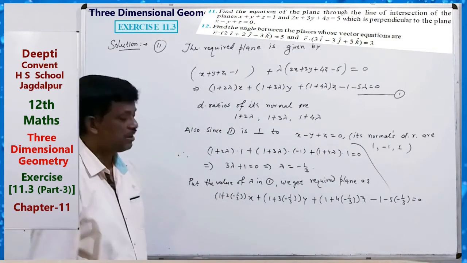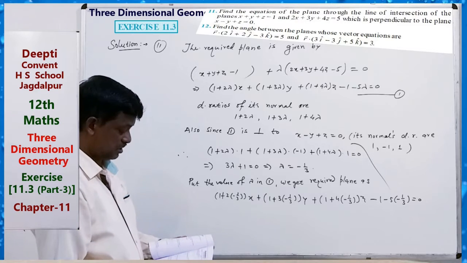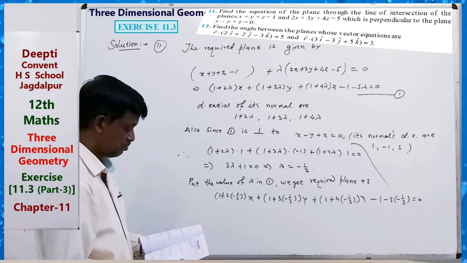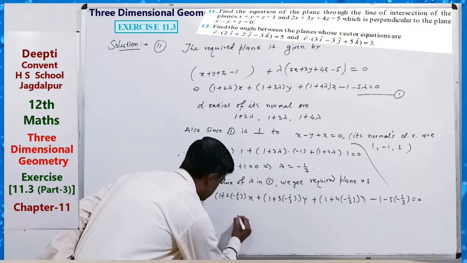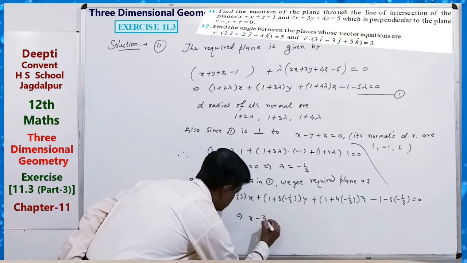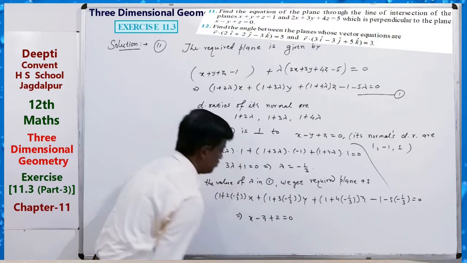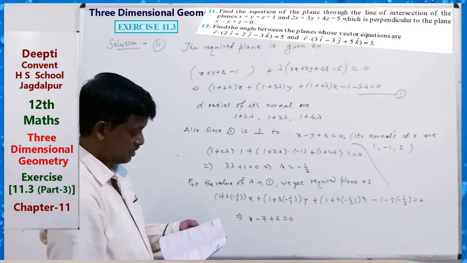Now you can simplify it. After simplification we get x minus z plus 2 equals 0.